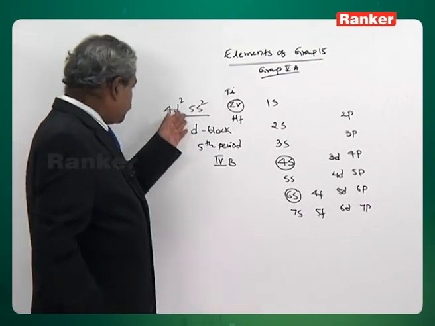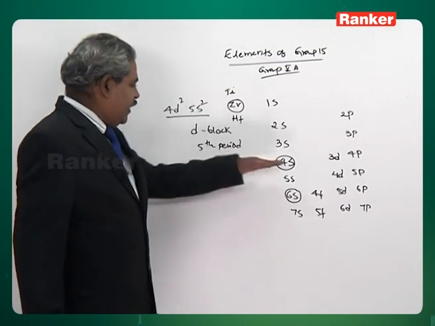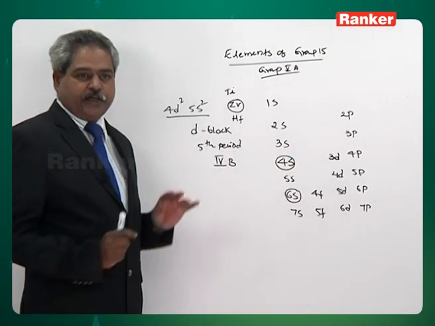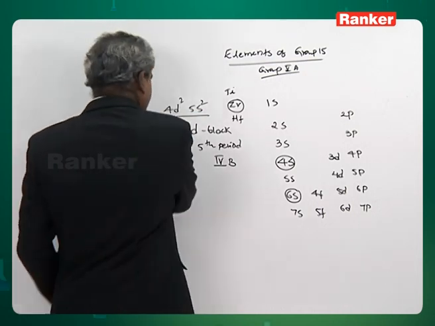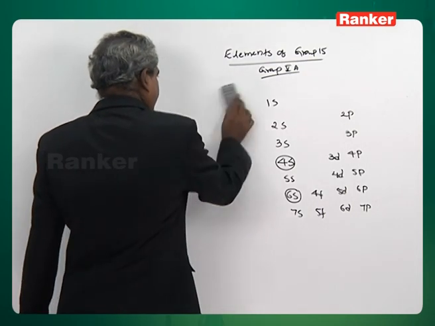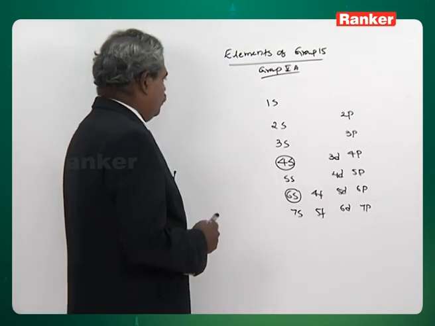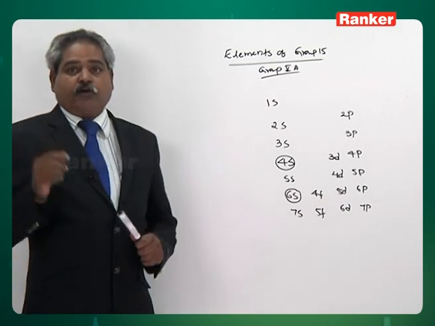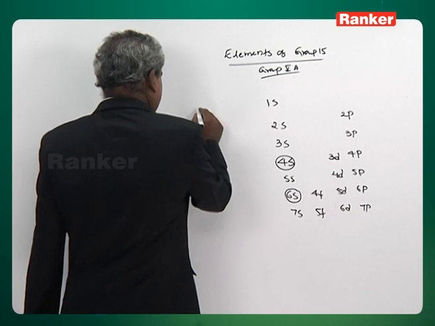This is the electronic configuration of zirconium. We need to know only the 3d elements, not 4d, but I'm just telling you. But you should be thorough with the 3d elements, scandium, titanium, vanadium, etc. That we will of course discuss in d block. But as of now, if an electronic configuration is given, you should directly take me to the particular element.